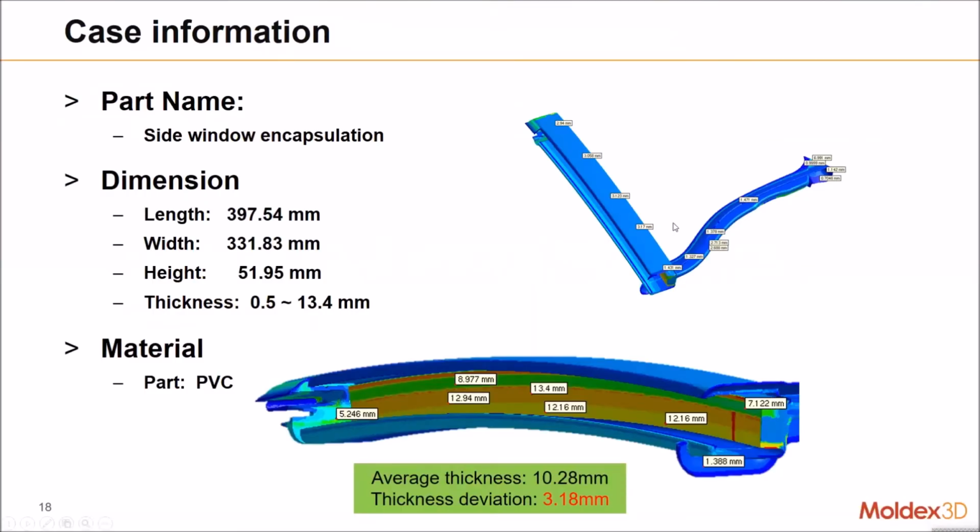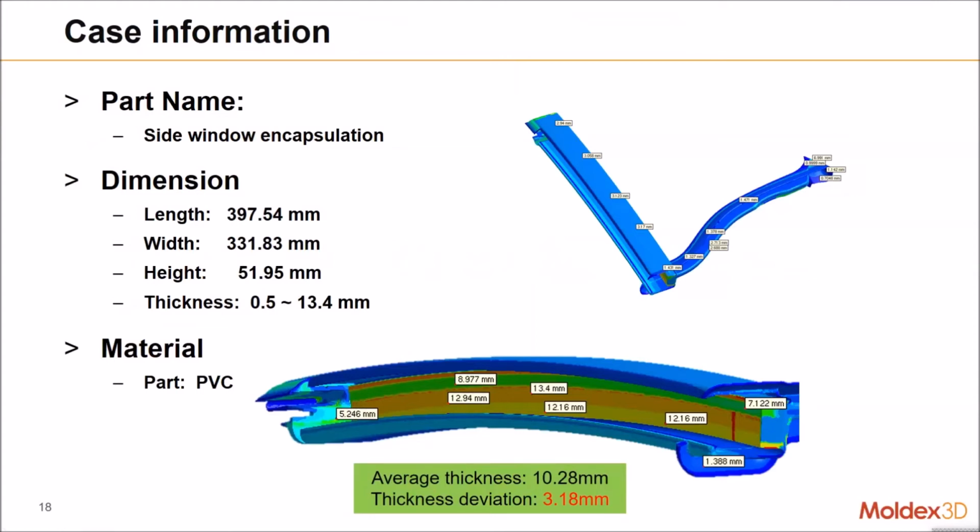Okay, so this is the case information. The part name here is the side window encapsulation, and the dimensions are shown here. The material we use for the part is PVC. We can utilize our Moldex3D software to measure the cross section of the part.